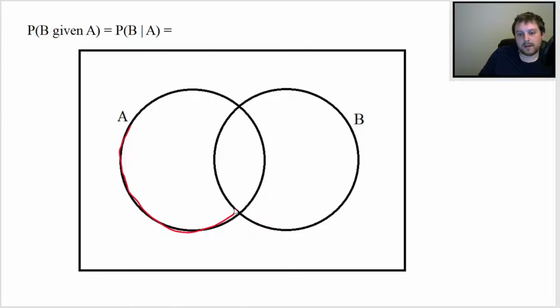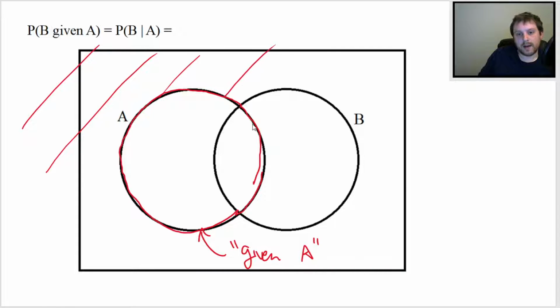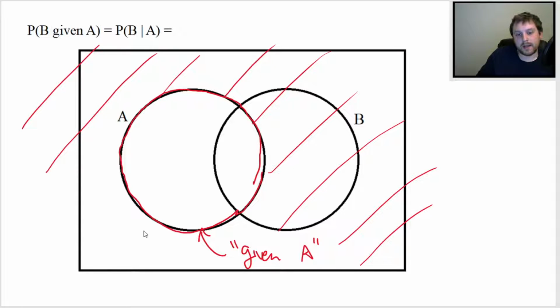We're actually zooming in on A. So this is like the given A. You zoom in on it, and you basically don't care about anything else, because you know A has happened, which makes this part here your new sample space. A has happened, so you know you're in the A circle.